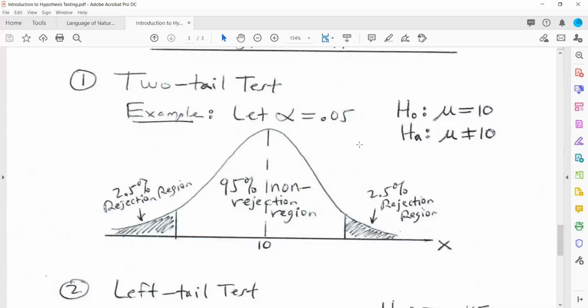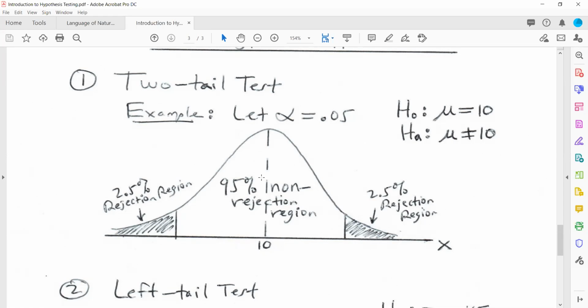And the way it works with the rejection region method is that we take a look at our sample mean in this case, and see if it's within one of these rejection regions. In other words, we go along the x-axis here, and we plot where the sample mean is. And if the sample mean is inside one of these areas that are shaded in, these 2.5% areas, then we automatically reject the null hypothesis.